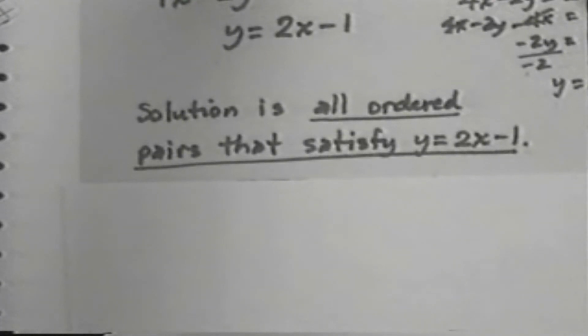You may find the solution indicated just this way: lots of words, all ordered pairs that satisfy y equals 2x minus 1. That is a perfectly correct way to write the answer.